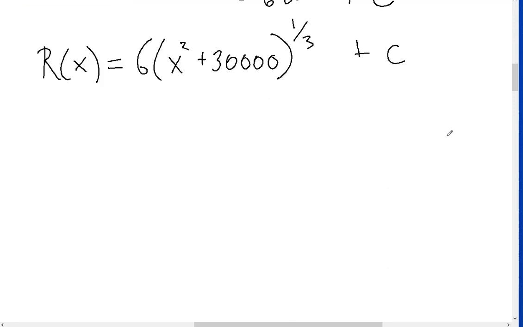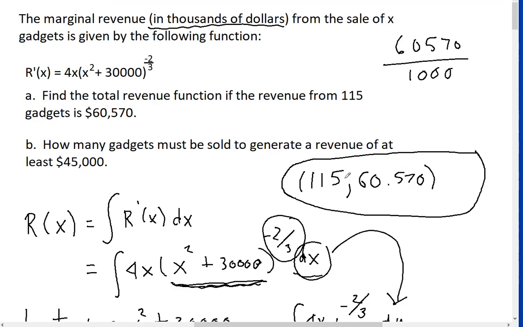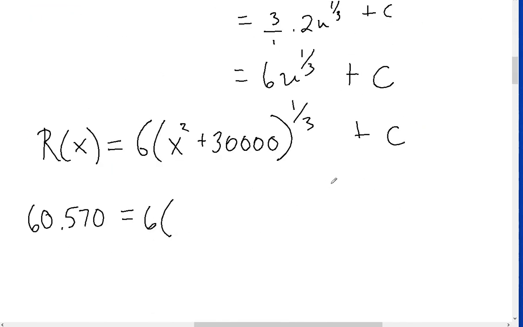So that means our revenue of 60.570, okay, we've divided that by 1,000, is 6 times, and our x was 115, right? This is our quantity of gadgets. So that's 115 squared plus 30,000.